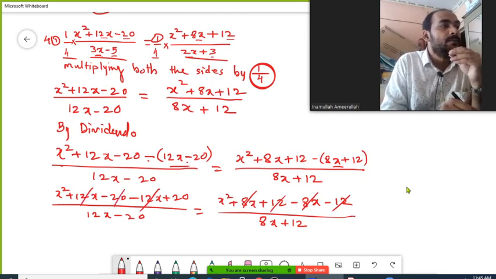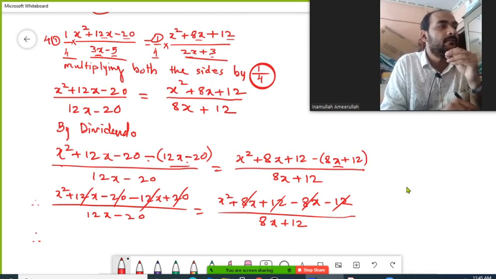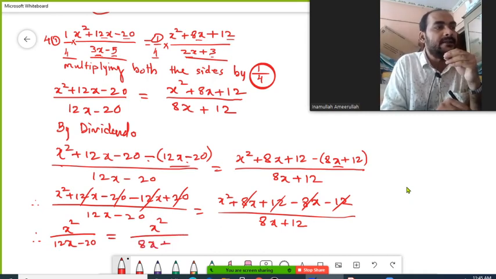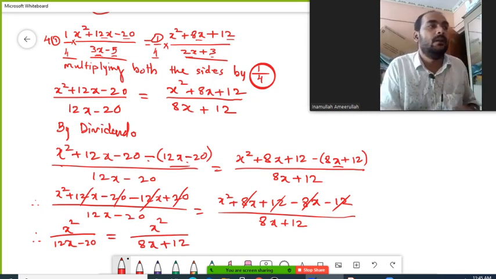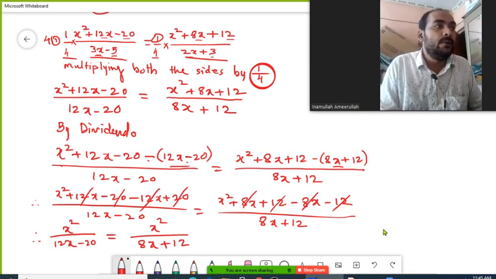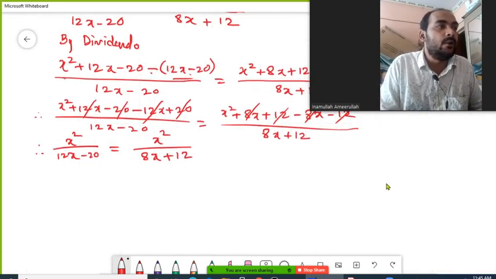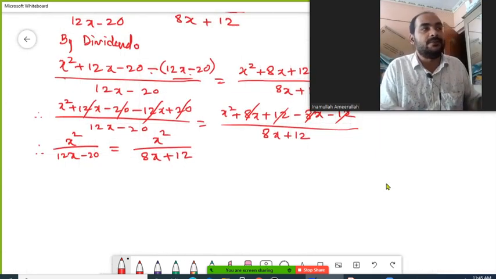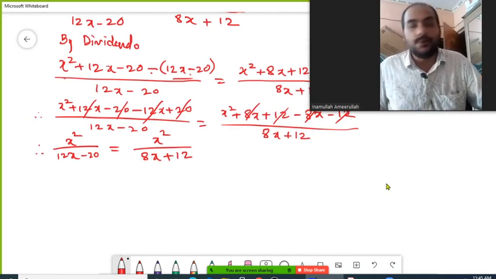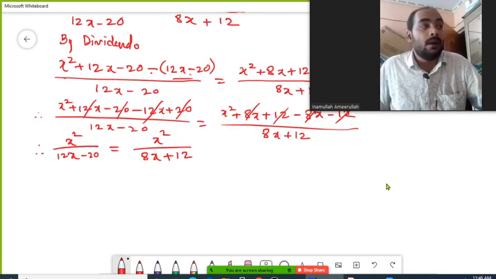What is left? x square upon 12x minus 20 on the left hand side and x square upon 8x plus 12 on the right hand side. Now after doing dividendo, this is your resulting equation: x square upon 12x minus 20 is equal to x square upon 8x plus 12.